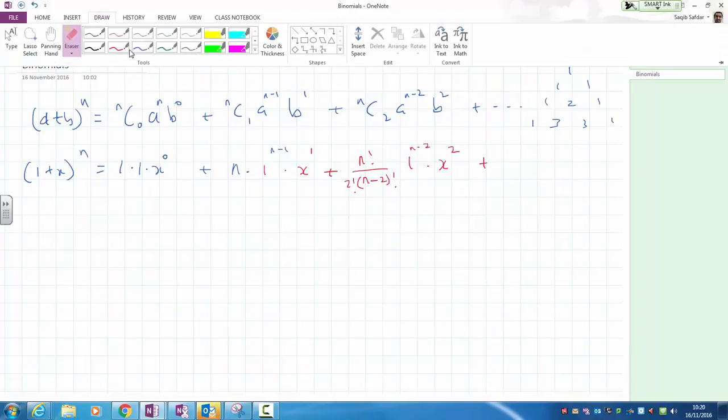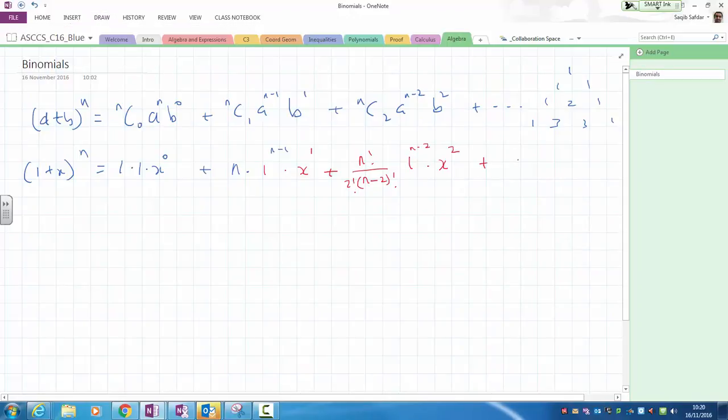And if we carry on, we'll have n factorial divided by (n minus 3) factorial times 3 factorial, times 1 to the power n minus 3, times x cubed. If you were to tidy that up, that will give us 1 plus n times x plus n(n minus 1) divided by 2 factorial times x squared.